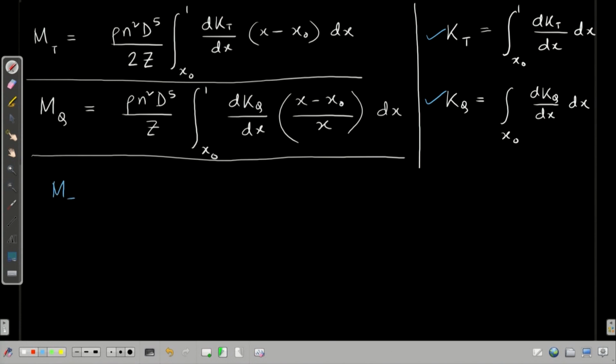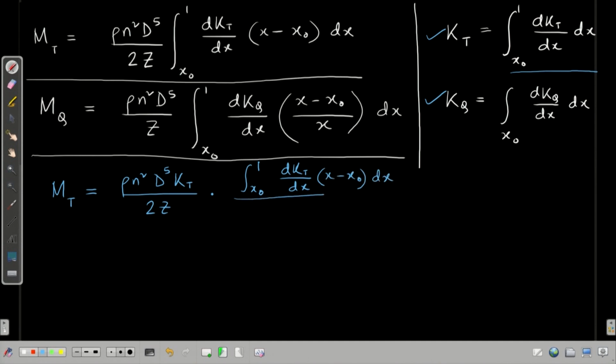So, if we multiply the bending moment due to thrust with kT and divide the term under the integration with kT again, but replacing with this particular form, we have the additional kT outside and the same form divided by kT, which is this.